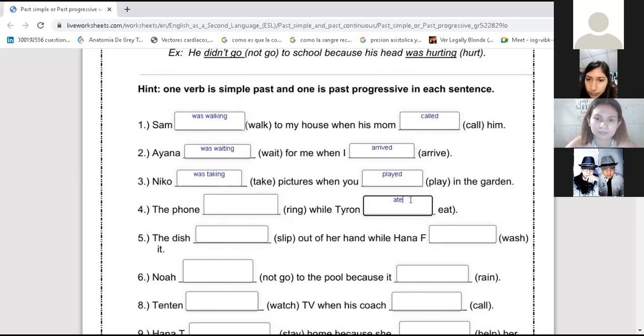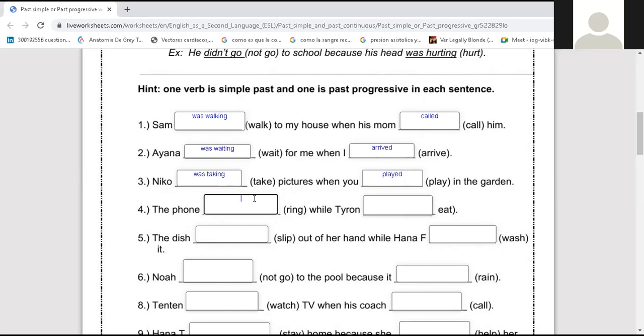All right, could be. Okay, what I was telling your classmates is that sometimes you need to find the logic to these sentences, because in some cases you can use while, but not both sentences are going to be in past progressive. One can be in past progressive and the other one in simple past.